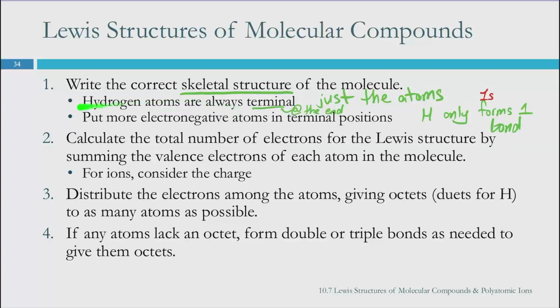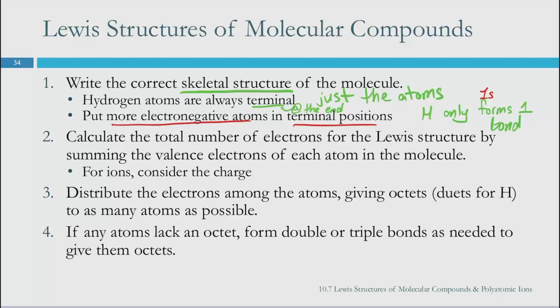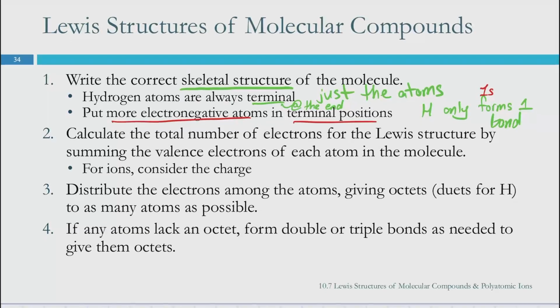So hydrogen's always going to be on the outside. We will also generally put the more electronegative atoms in terminal positions, the outside positions. It's a good general rule of thumb. That's our first step, just figuring out where do all the parts go.